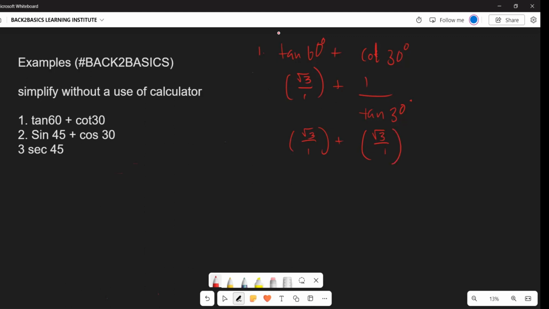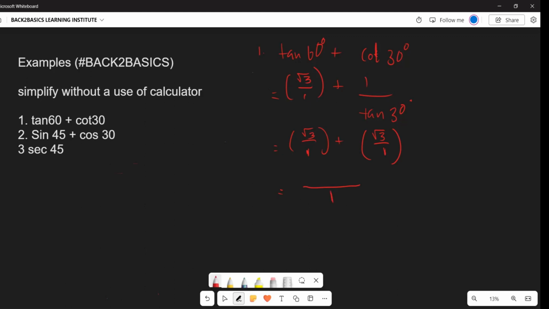Now you can solve this without the use of a calculator. You have 1 as the denominator here and 1 as the denominator here, so you can write everything under one denominator, which is 1.